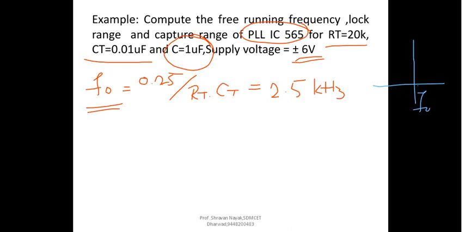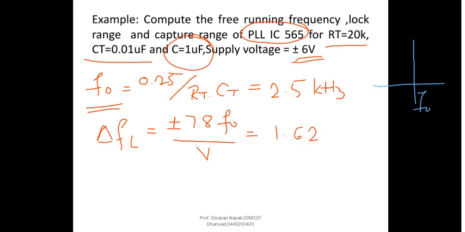Then if you want the lock range, which is delta FL, we've already seen the formula for the lock range, that is plus or minus 7.8 into F naught divided by V. So if you substitute plus or minus 7.8 into F naught, which is 2.5K, divided by V, that is 12 volts, since plus or minus V means plus V minus V, that becomes 12 volts. So you get around 1.62 kilohertz.